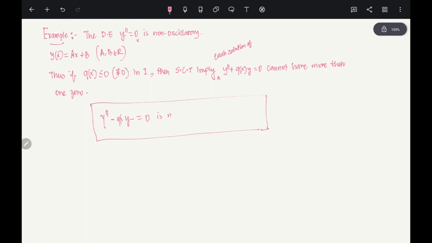It is non-oscillatory, provided q(x) is less than or equal to 0, and of course not identically 0. Very, very important result, and we are going to use it a lot. Okay, this is the first example.